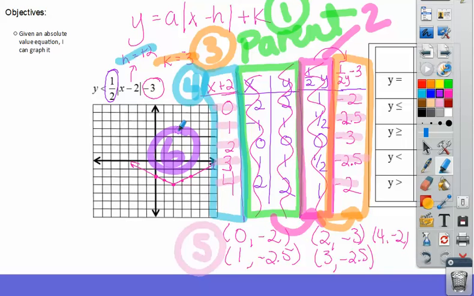Is there a different way to do this? There is. This is very systematic, works every single time. Let's graph it again just a little bit differently. Here's another way I can do it. What is my h, k?